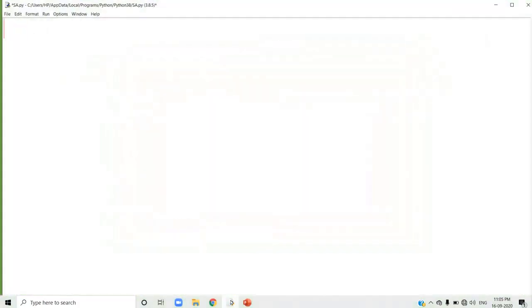We want to add the remainder of 8 by 3. In the first class in Python, I told you that you can use a remainder operator in Python. The remainder operator used in Python is the percentage sign. I just mentioned a few operators along with the print statement.